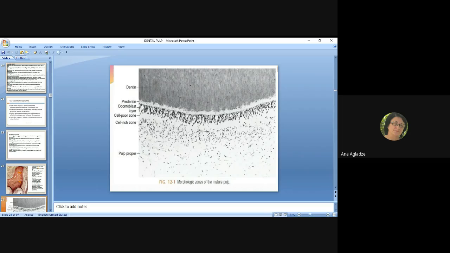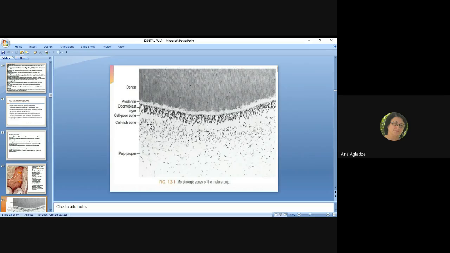You know that the main cellular component of connective tissue is fibroblasts, and various immune system cells, because immune system cells are also abundant in dental pulp, and they provide the immune response and defense for the whole tooth.